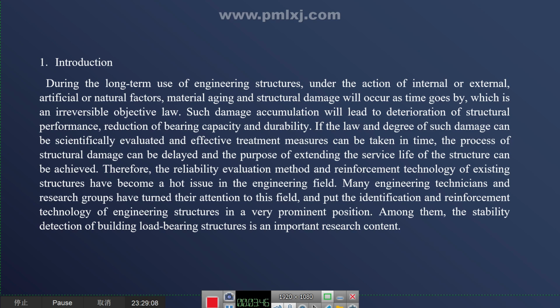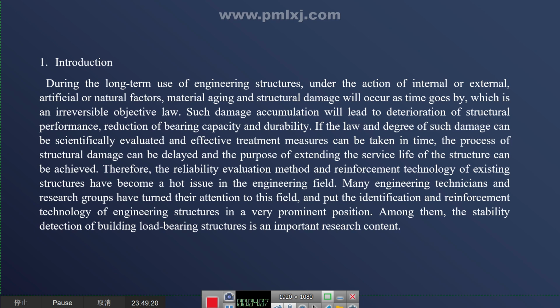Such damage accumulation will lead to deterioration of structural performance, reduction of bearing capacity and durability.